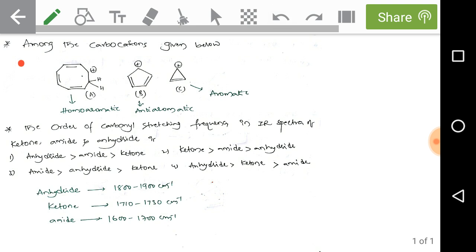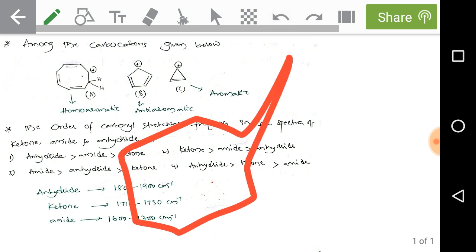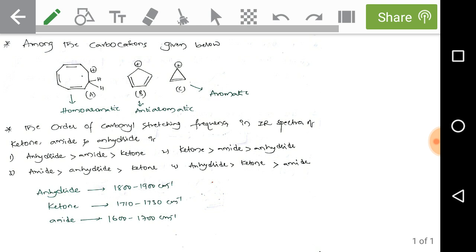And next one, among the carbocations given below, just observe the first one is considered homoaromatic in nature, because this sp3 carbon moves out of the plane of the molecule, and all the 3 pi bonds make a delocalization which fulfills all the aromatic rules, and that's why we consider those kinds of structures as homoaromatic.